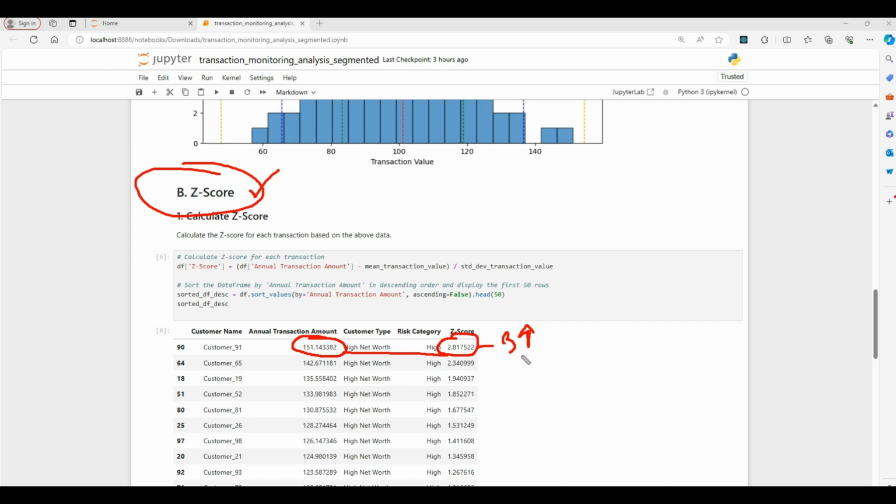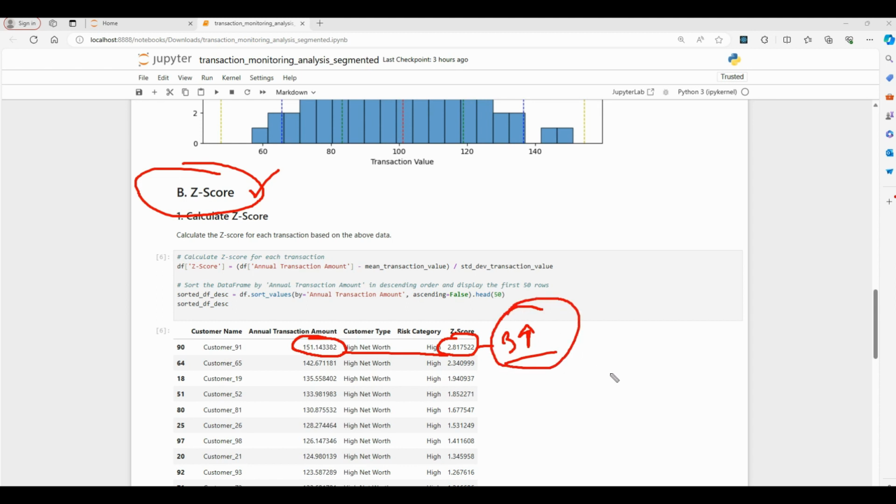So we can assume that any transaction with a Z score greater than 3 should be considered high risk and should be investigated. Hence we can set the threshold value as 3.